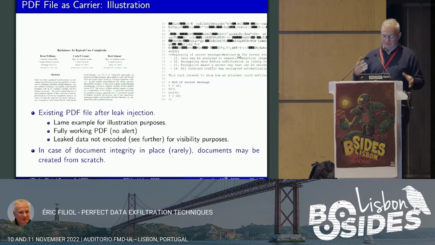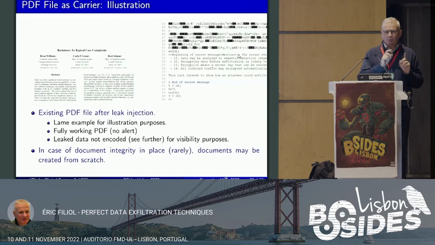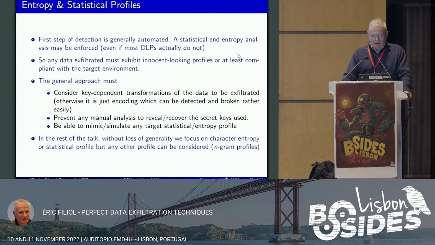Of course, you can say, okay, there is document integrity in place, because, for example, no document can be modified without triggering an alert. You can build your own document. It's not a problem. So, in fact, the aim is to produce documents that mimic normal documents in place.